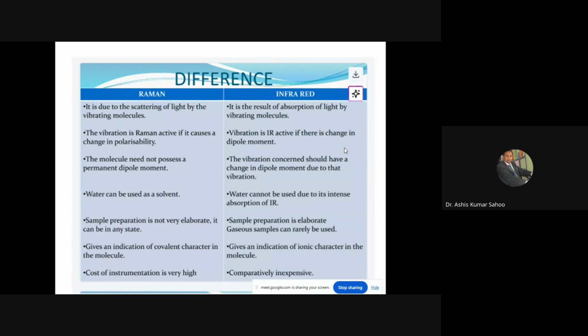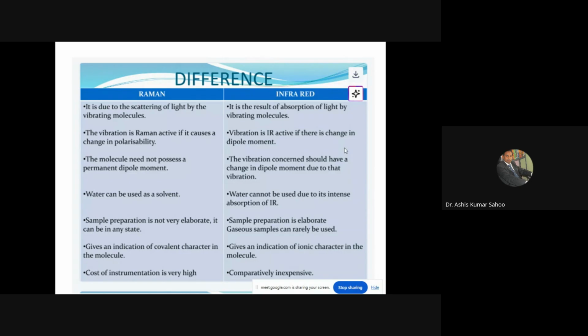The vibration is Raman active if it causes a change in polarizability, but a molecule is IR active if there is a change in dipole moment.